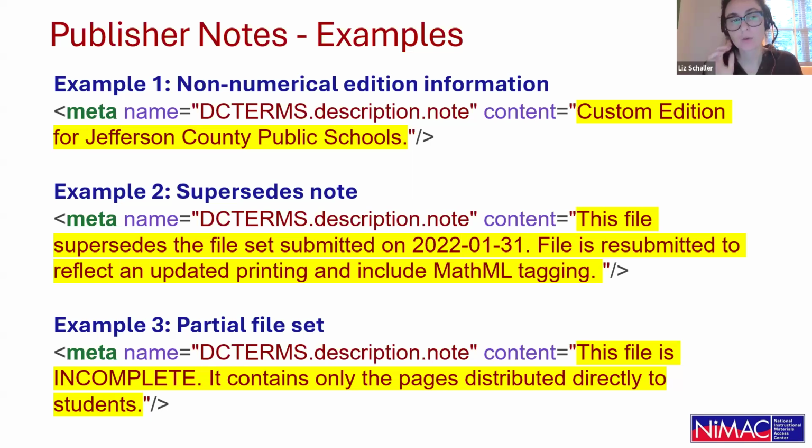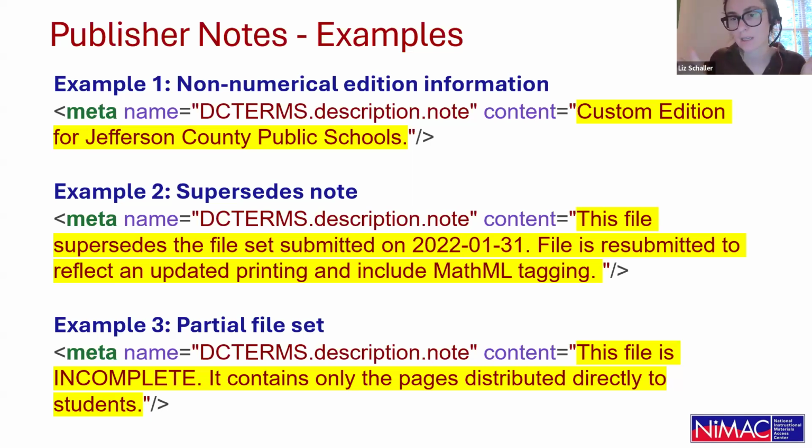That's a great question. So this format is the standard format we would expect to see for a supersedes note, but the rationale for the resubmission could vary. It's important to include the original date of the first file that was certified.